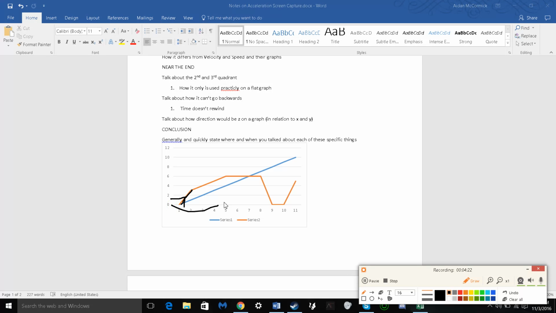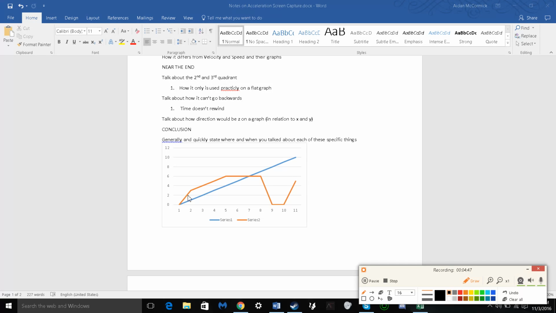Let's make this baseline right here 10 miles per hour. So what you need to know is you're going 1 mile per hour faster after 1 second. So let's say at 1 second you're going 10 miles per hour, and at second number 2 you're going at 11 miles per hour. See, it's not that hard.